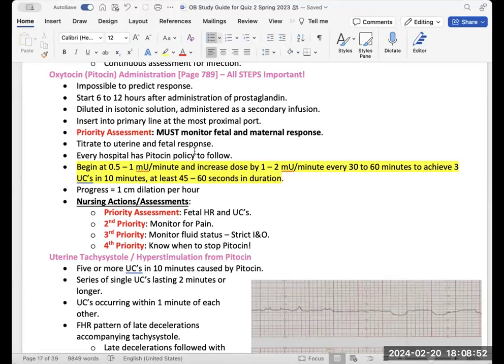So priority assessment always is to monitor fetal and maternal response, which is looking at fetal heart rate and the uterine contractions.